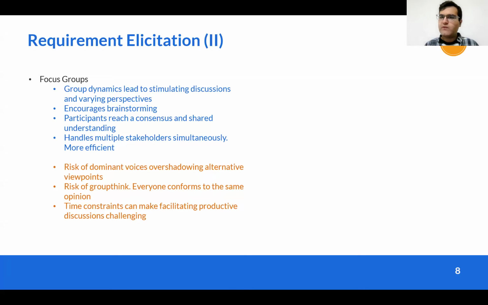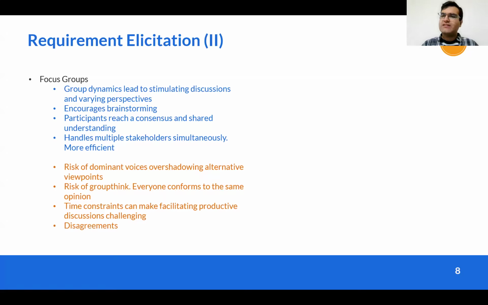And then how long can they be free for, right? Because there's so many people, you want to give time for everyone to give their opinion. You also want to go as detailed as possible while everyone is still here. You don't want to keep arranging more and more meetings, right? So time constraints can limit how productive the discussions are going to be.